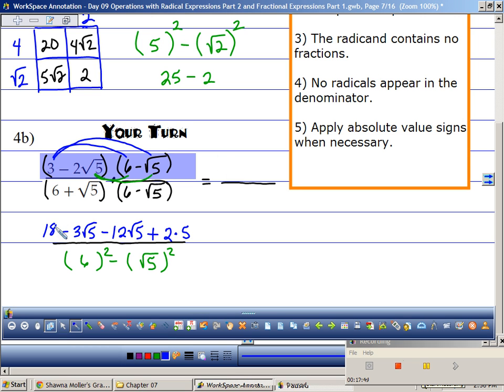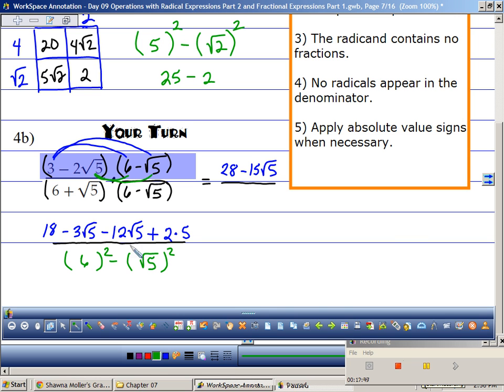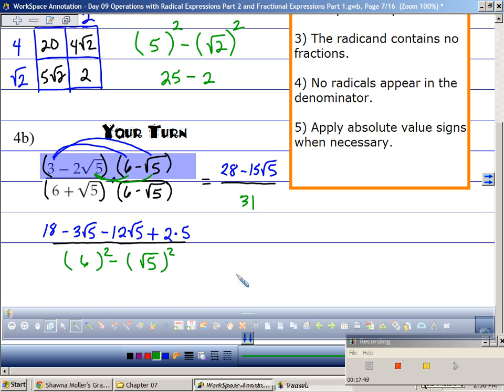So in the numerator, I have 18 plus 10 is 28. And negative 3 root 5 and negative 12 root 5 is negative 15 root 5. Then in the denominator, I found the difference of 2 squares, which is 36 minus 5, which is 31. And that's your answer.